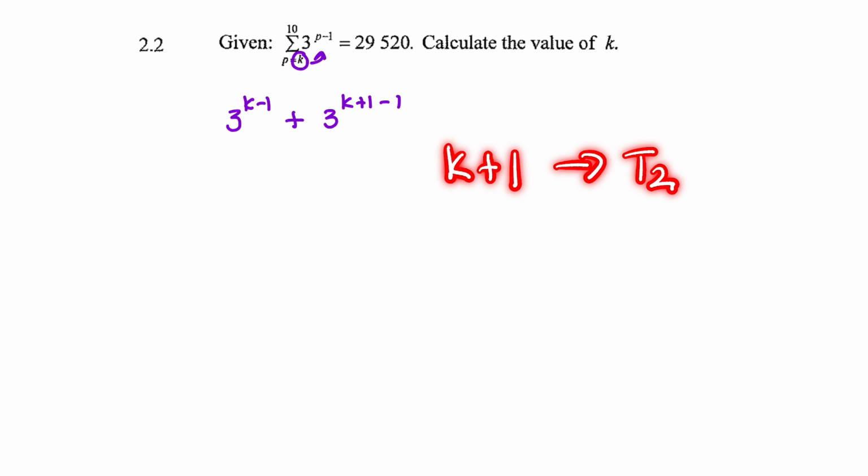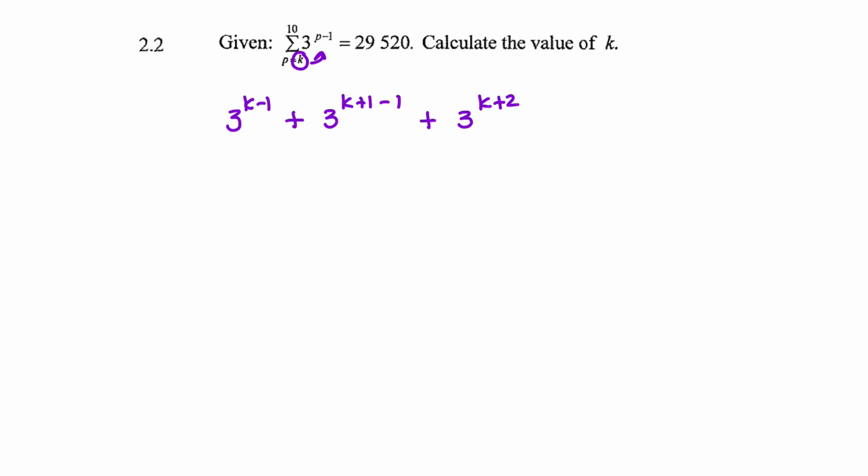And the third term would be k plus 2, and the fourth term k plus 3, and so on. So the third term we'll have 3 to the power of k plus 2 minus 1. And our fourth term would be 3 to the power of k plus 3 minus 1.